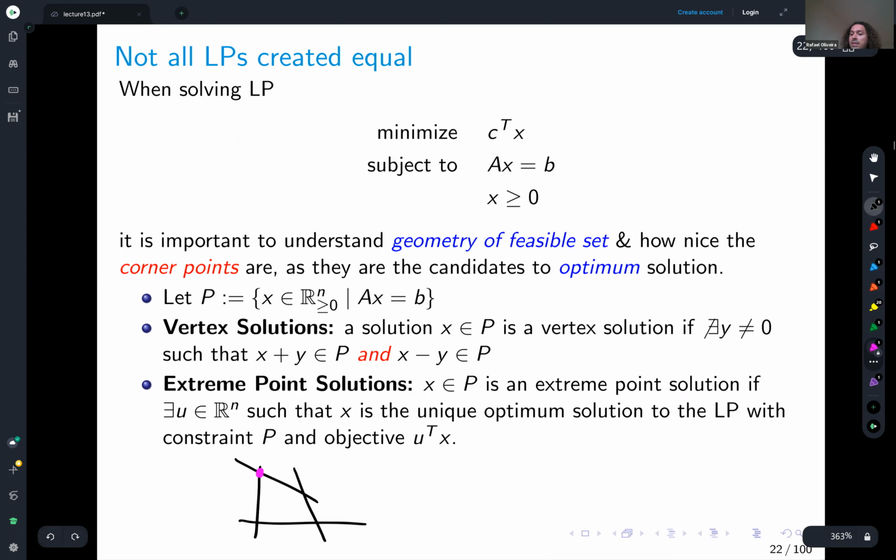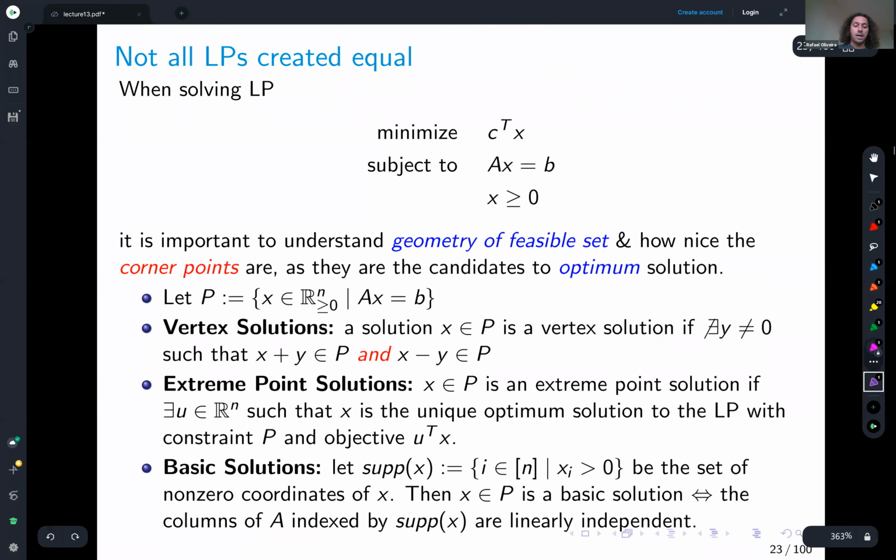If we look at this direction u and minimize in this direction, note that the point x here in pink is the unique optimum solution. Does that make sense? So these are extreme point solutions.